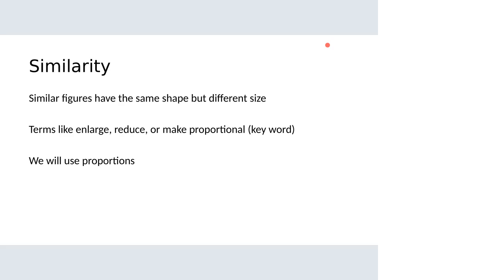So, two figures are similar, and that's an important word that has a very specific definition. Two figures are similar if they have the same shape but a different size. For example, if we've got this equilateral triangle here, and then I have this other equilateral triangle over here, those are the same shape, just a different size.